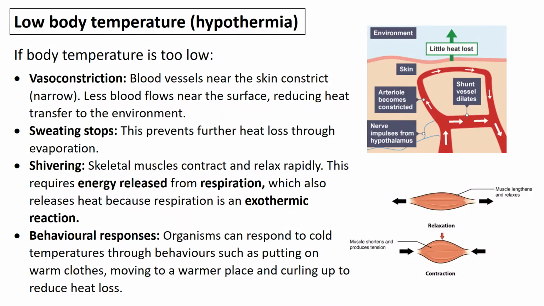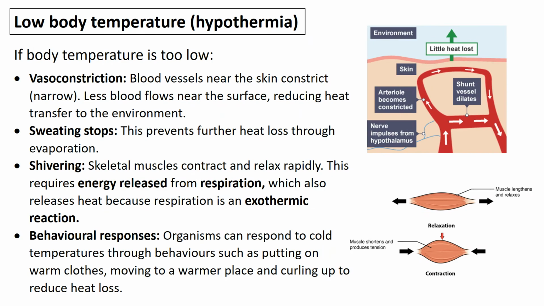When our body temperature drops too low, we often call that hypothermia. And there's a number of responses that are brought about by that normal sort of response pathway that you're familiar with from the combined science content. The types of responses you get are these if body temperature is too low. You would get vasoconstriction.